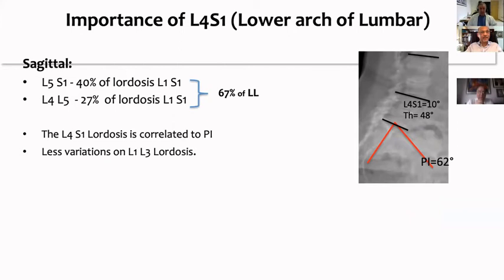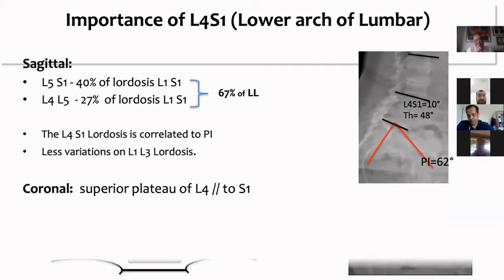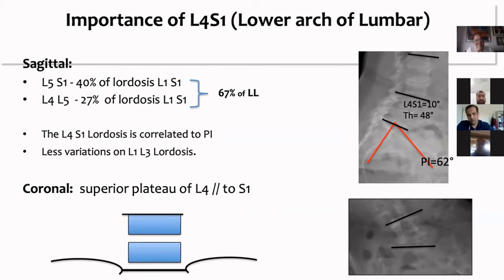So it's very important to also think about the lower part of your lumbar spine, from L4-S1. In the sagittal plane, as Jean-Charles said, 70% of the lumbar lordosis has to be between L4 and S1, and we know how frequent hypolordosis is at that segment. Coronally it is also very important, and I will show you some examples.